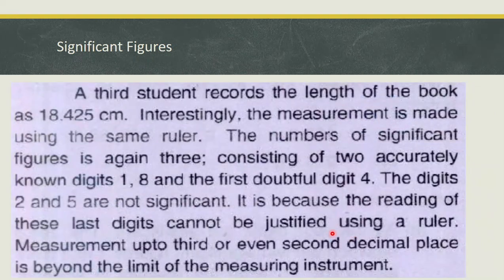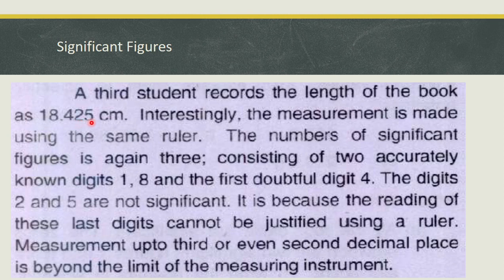Now a third student records the length of the same book as 18.425 centimeters, and you see, he or she made this measurement with the same ruler. Now the number of significant figures is again three, as we discussed earlier that a ruler can measure only 1/10 of a centimeter, not 100th or 1000th of a centimeter.